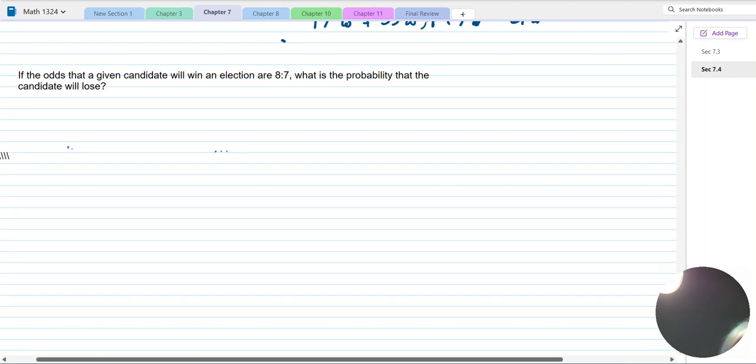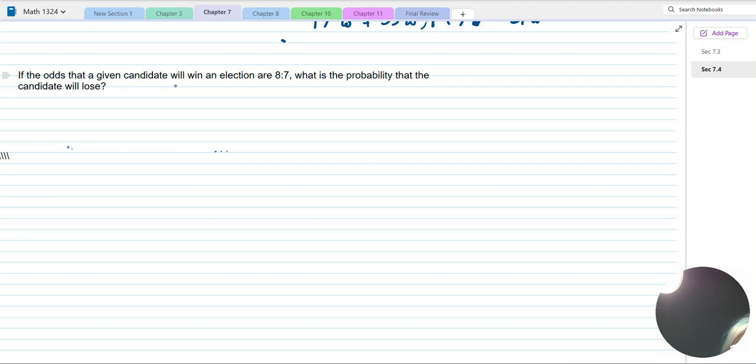If the odds that a given candidate will win an election are 8 to 7, what is the probability the candidate will lose? The odds given the candidate will win. So this is win over lose. All right, so what we need first is our total.